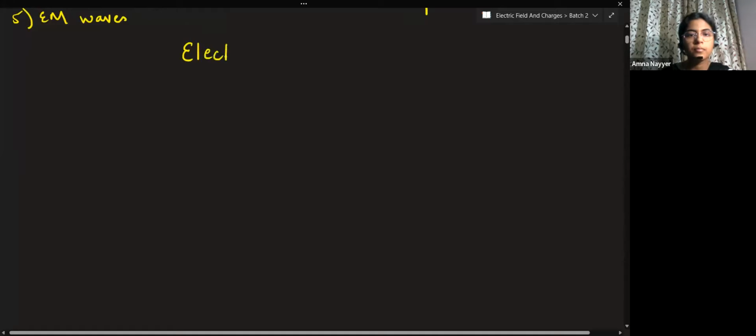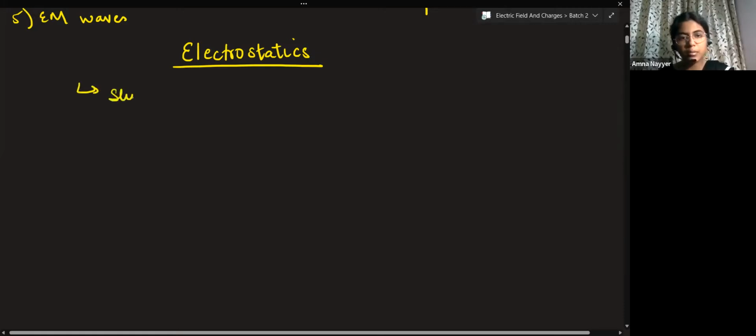Now see this section of yours, electrostatics. From electro you can at least derive that this means electric charges. And what is meant by statics? Statics means at rest. So the study of charges at rest makes up electrostatics.